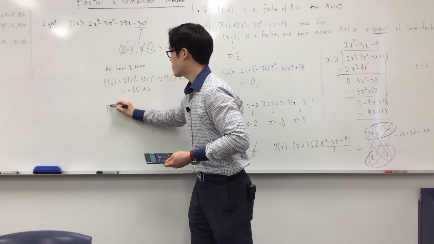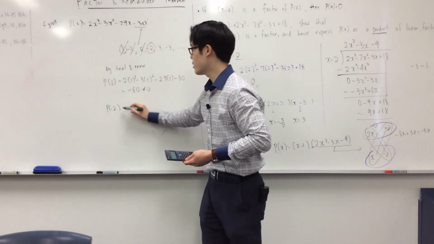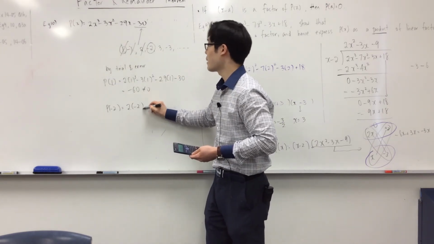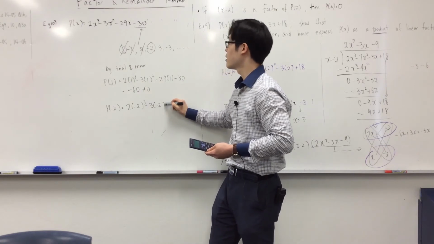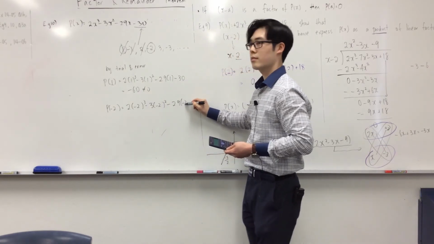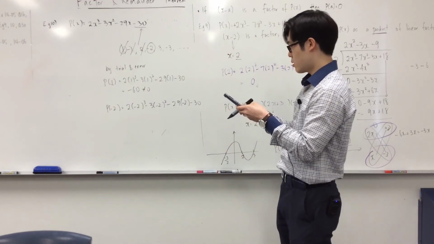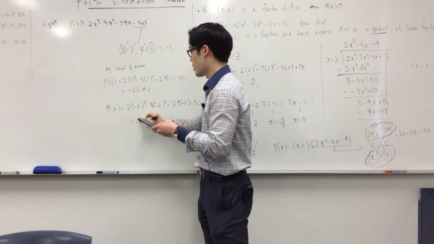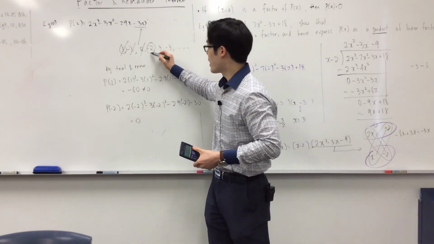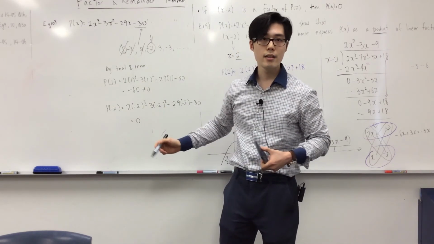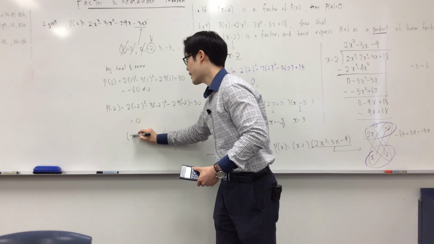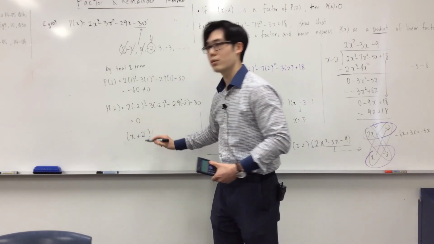If you substitute minus 2 in here, in other words, if you type this in the calculator, it's 0. Yes. Let me double check in case I got my answer wrong. Okay, that gives you 0. So that means minus 2 is a factor. As a bracket, what is that? x plus 2.